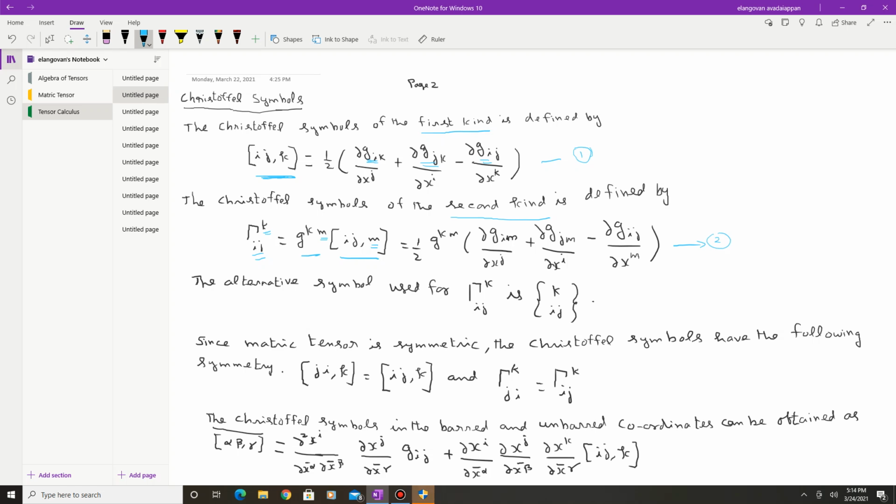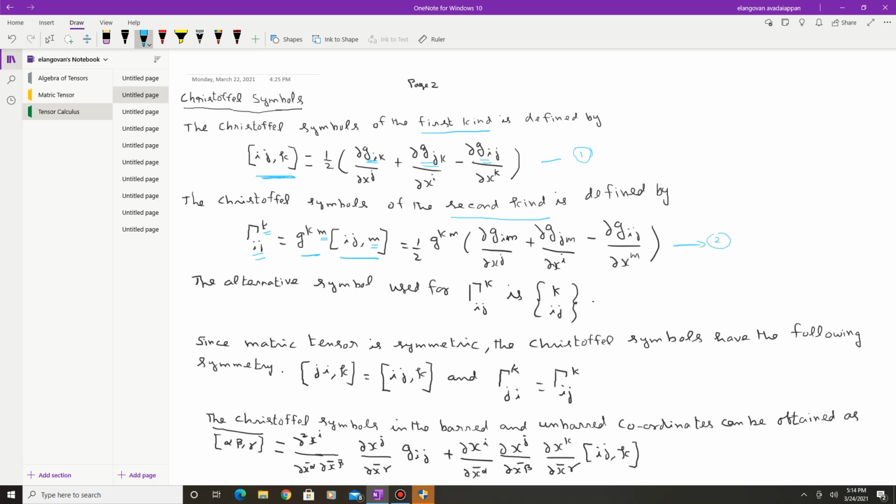This is half g^km into partial dg_im by partial dx_j plus partial dg_jm by partial dx_i minus partial dg_ij by partial dx_m. So there are two defined symbols, symbols 1 and 2.